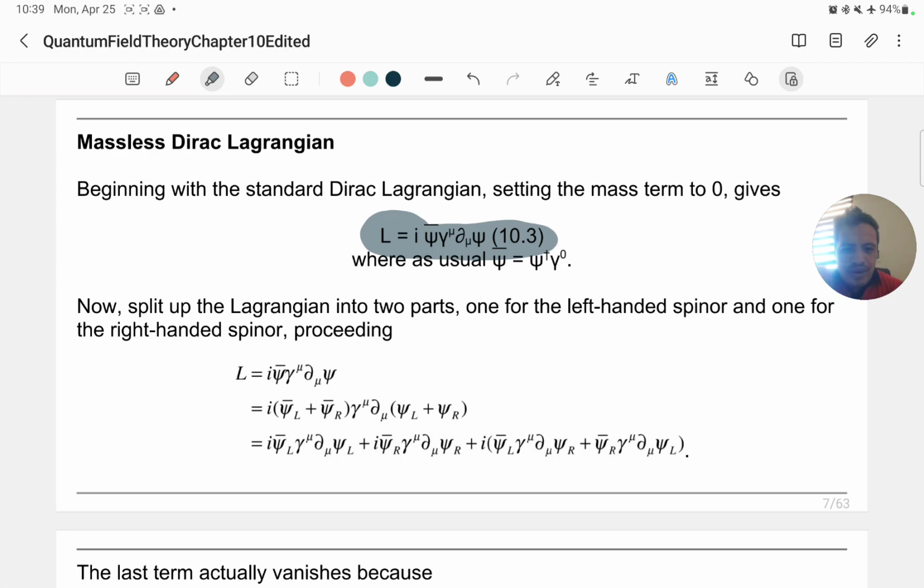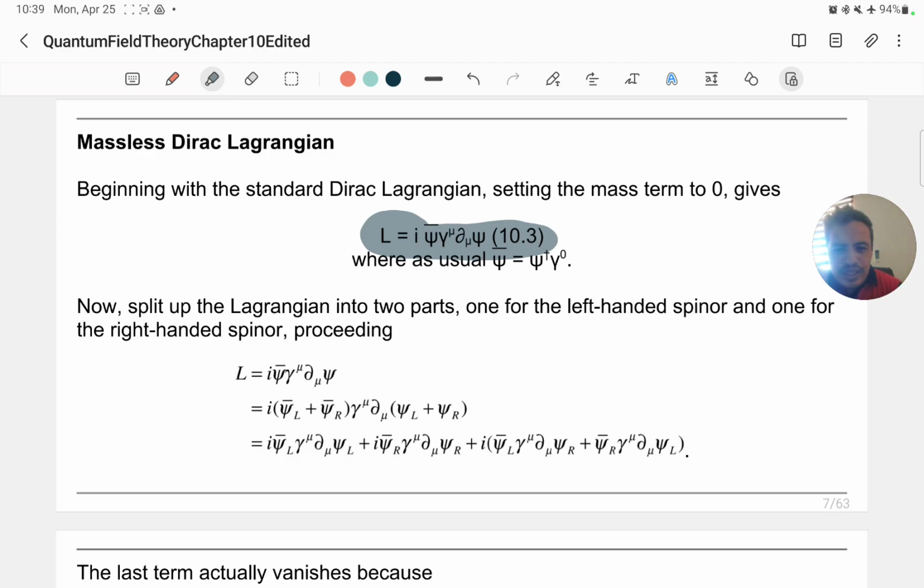Here your psi bar is just written as your psi adjoint gamma 0, as you may have recalled in chapter 1 of this lecture, or maybe chapter 2.